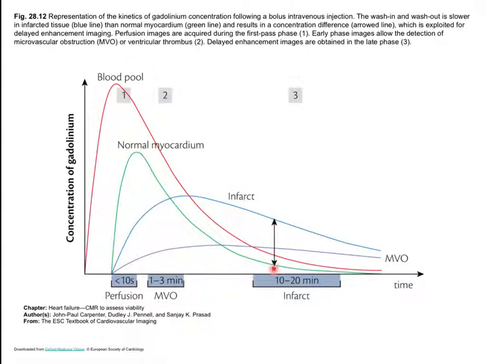It gives you a much higher concentration of the agent in the infarcted tissue than in the normal tissue at about 10 minutes. So you can see very nice pictures of where infarcts are using this contrast mechanism.